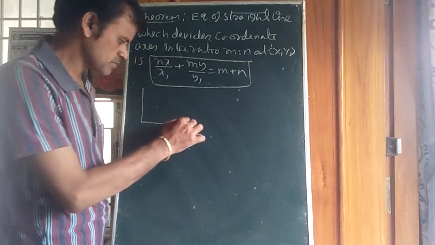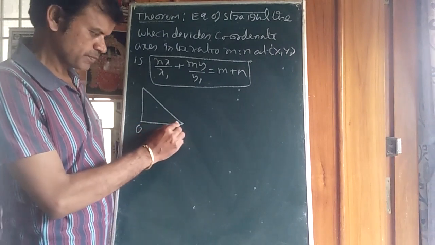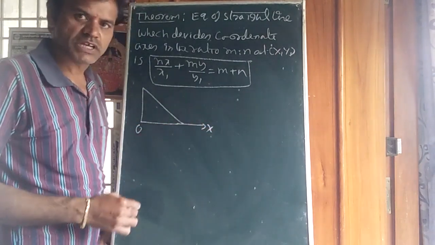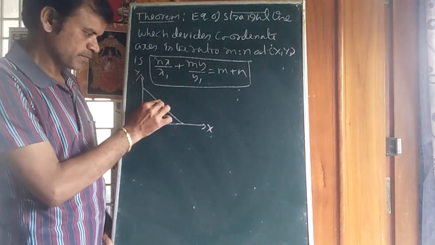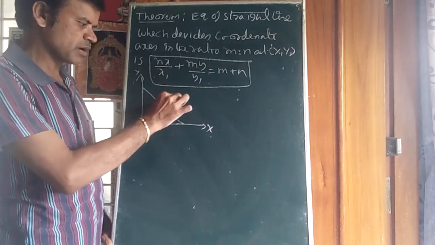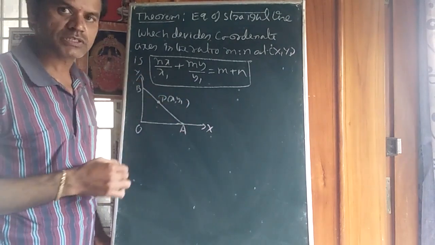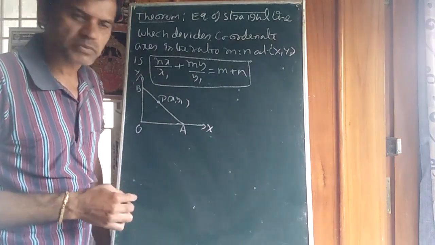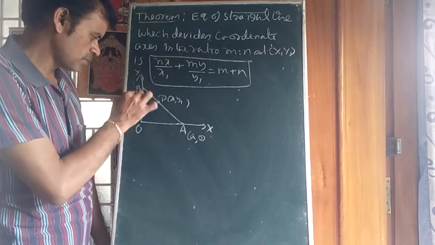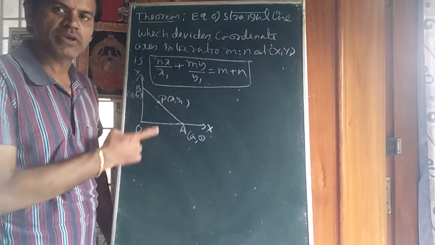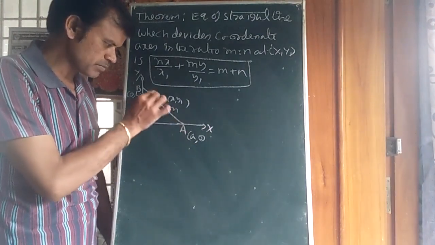Draw a line like this. This is the origin. This is the x-axis. This is the y-axis. A point P x1 comma y1. This is the line intersecting the x-axis at A comma 0 and the y-axis at 0 comma B. At the point P x1 comma y1, AB is divided in the ratio m:1.